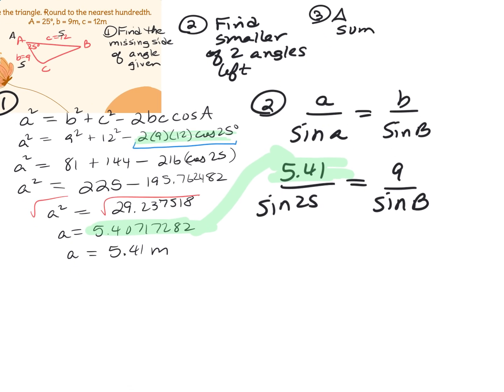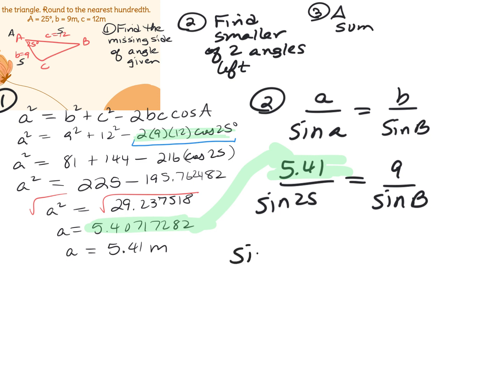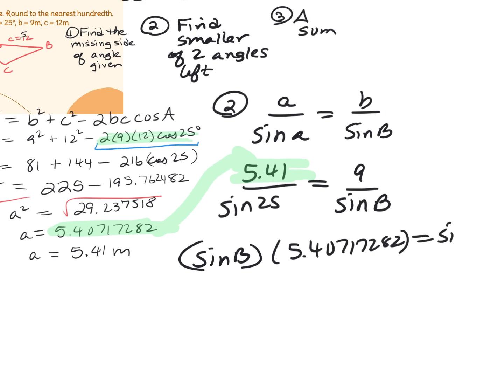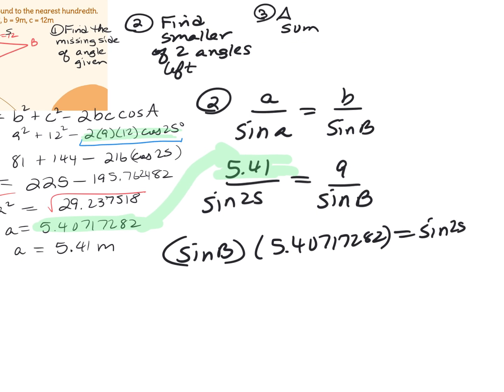So I'm going to go ahead and cross multiply. I get sine of B times 5.4071782 equals the sine of 25 times 9.